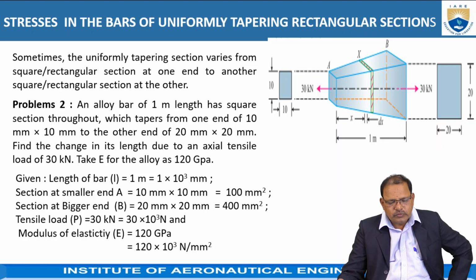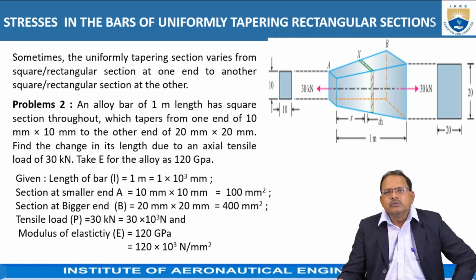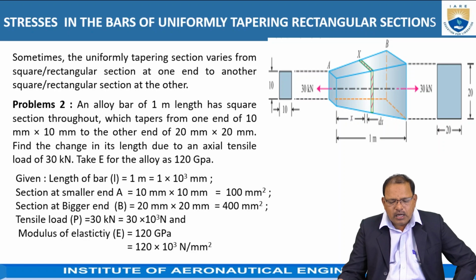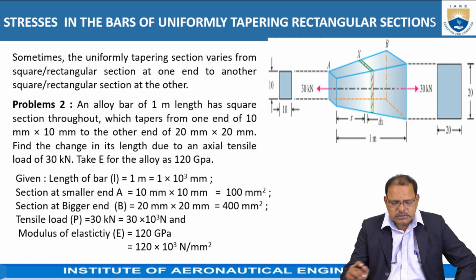Here, in problem 2, we are taking an alloy bar of 1 meter length with a square section throughout, which tapers from one end of 10 mm by 10 mm to the other end of 20 mm by 20 mm. Find the change in its length due to an axial tensile load of 30 kilonewtons. Take E for the alloy as 120 gigapascal.